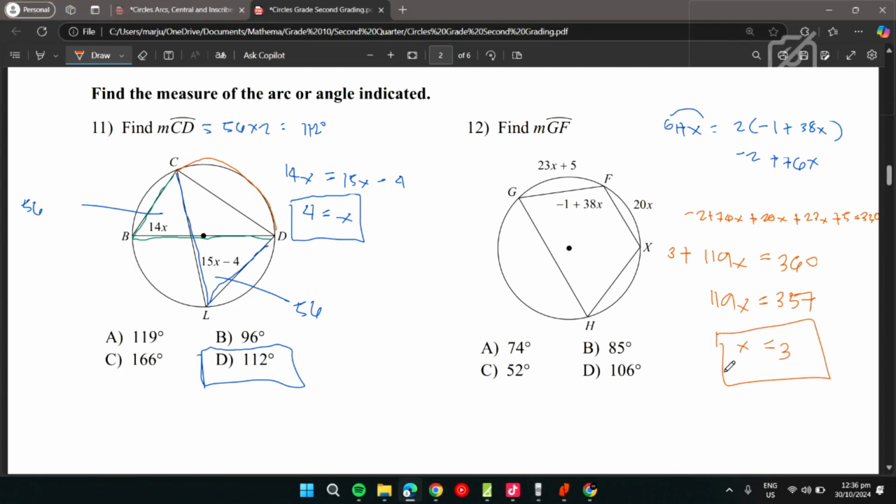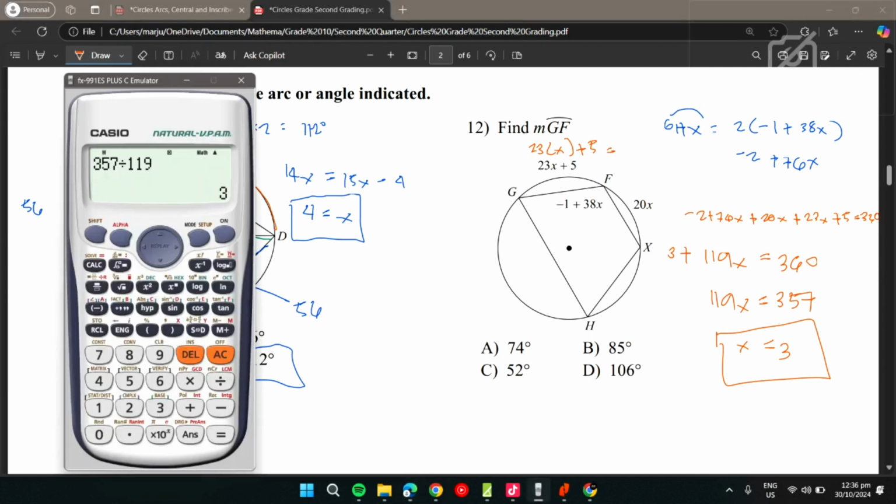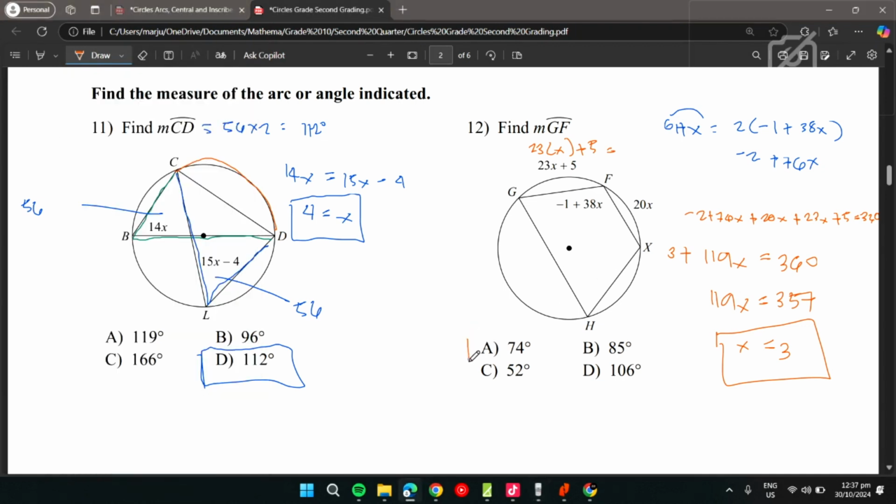I'm not yet done. I'm trying to solve for this, which is 23x plus 5. That's 23 times 3 plus 5, which is 74. That's letter A. That's number 12.